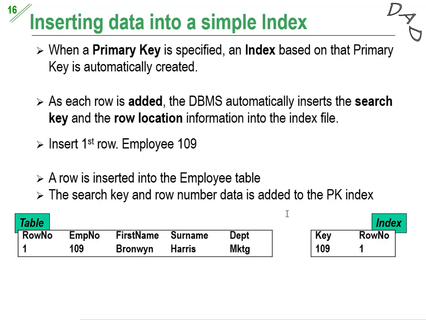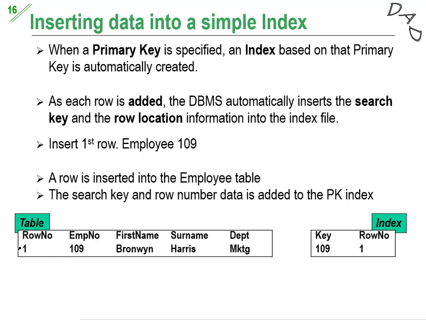Now we are trying to insert the first row into our table. We are inserting employee number 109. So we run the insert into command and press enter. Then the row will be added to your employee table.